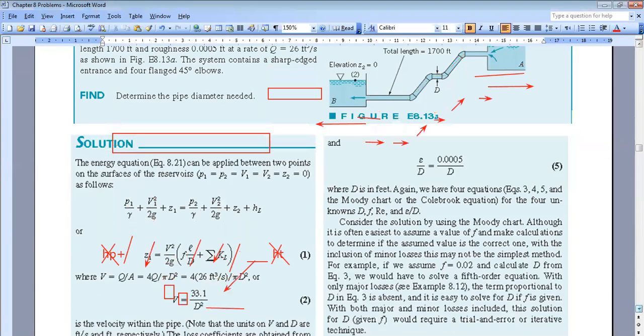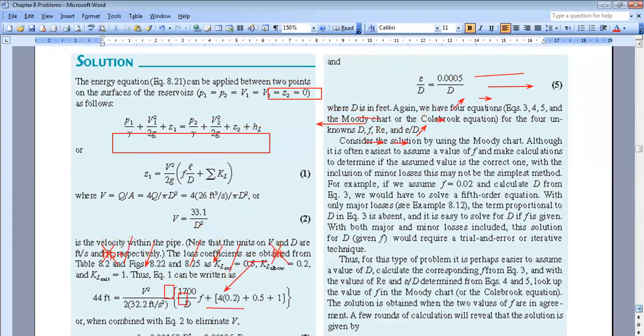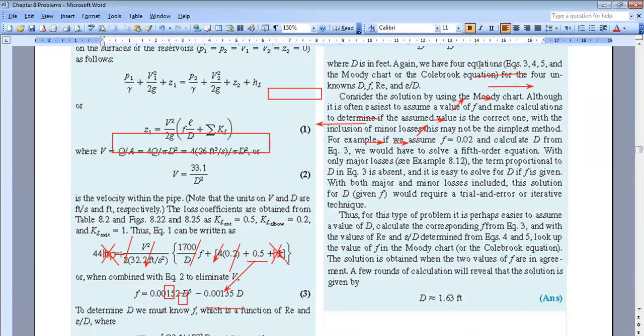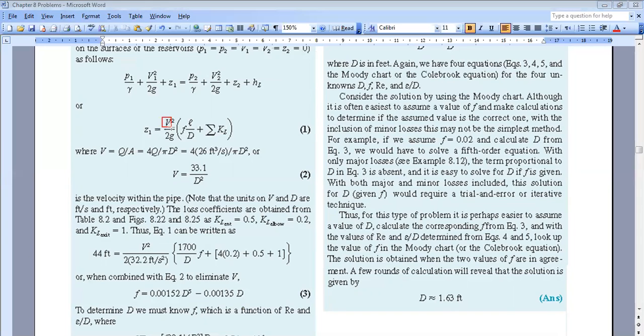First, since the flow rate is given, what you will try to do now is to relate the velocity to the diameter. So we will write that V is equal to Q over A. In this way, we will relate V to D, since as you know, D is also unknown. So in the energy equation, V is unknown, F is unknown, and D is unknown.